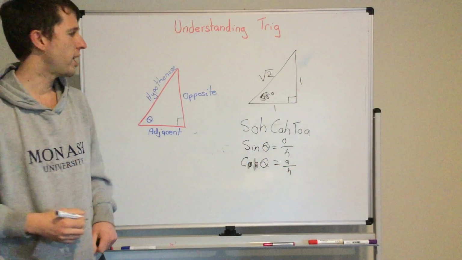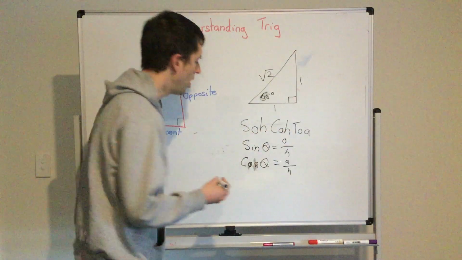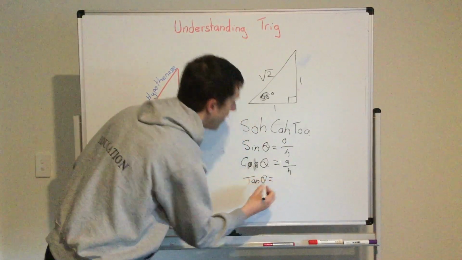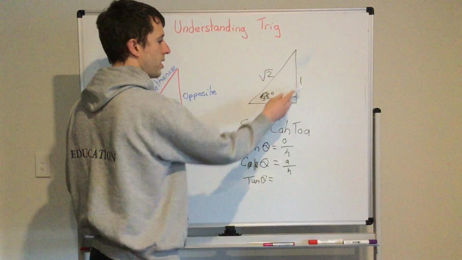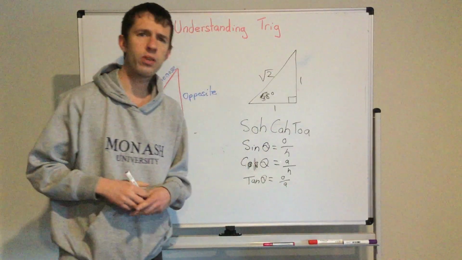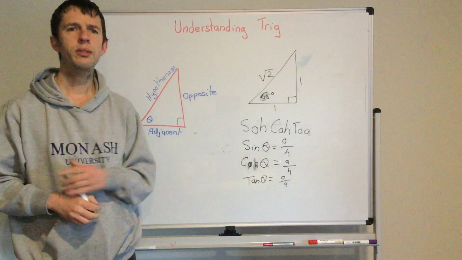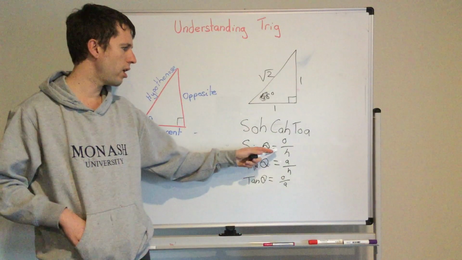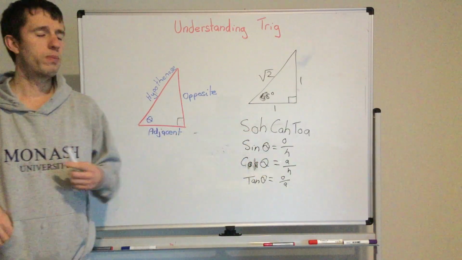And the last one we have is TOA, which is tan alpha, and that equals opposite over adjacent. So we are going to double check by using this to see if our calculations are right, because we know that both sides must be equal.